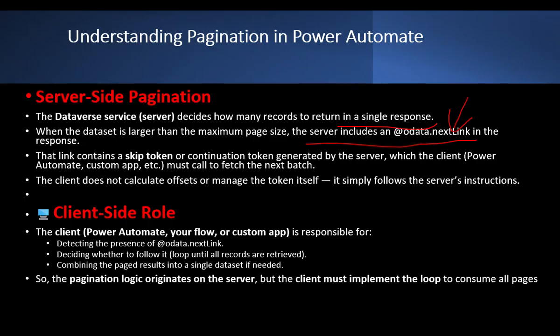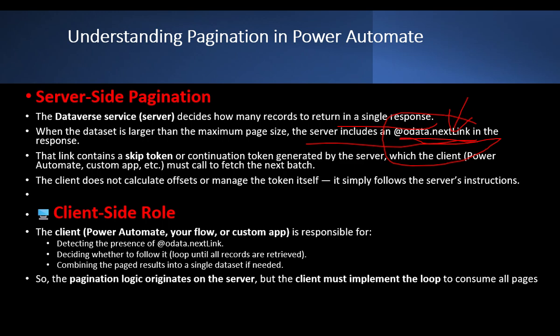In our code we put an if condition, or a do until, and do until will keep looping till this link is no longer sent in the API response. If there is no next link, it means there is no next data, no next page.